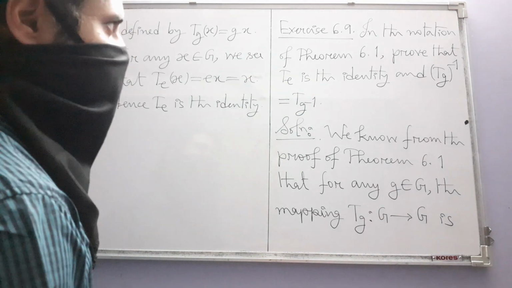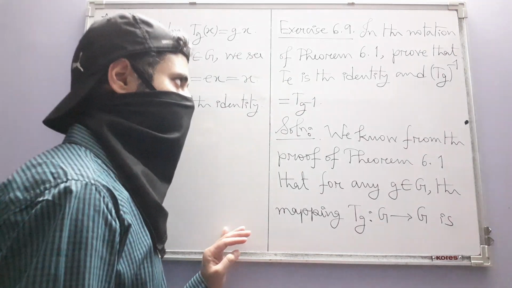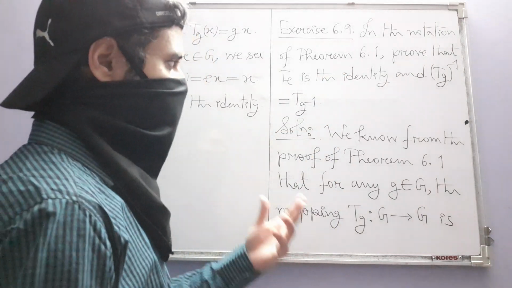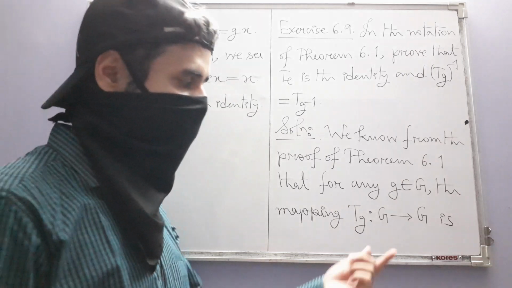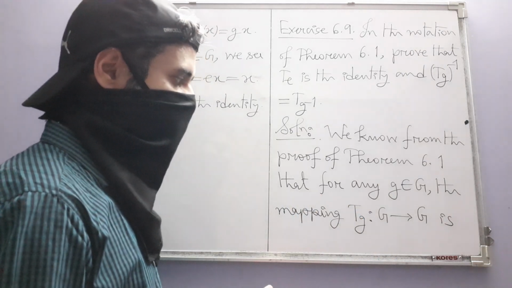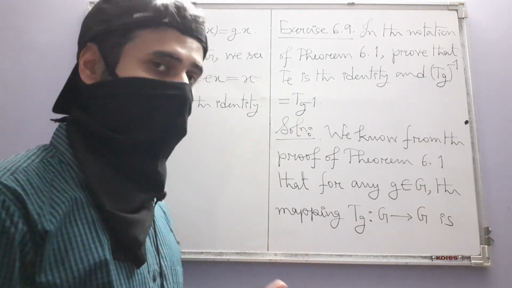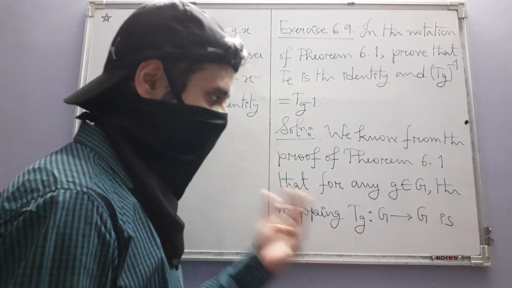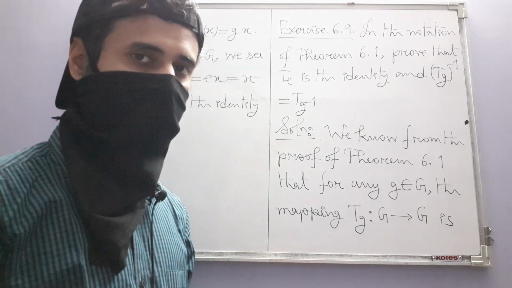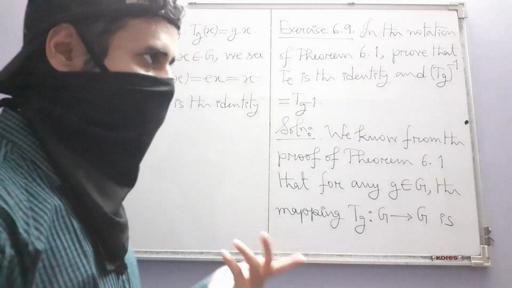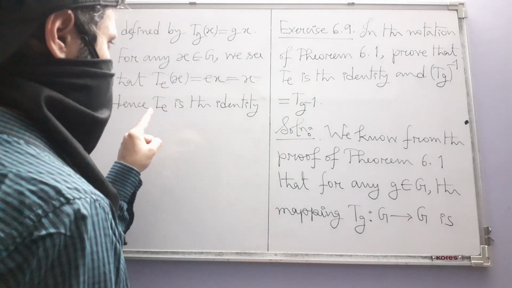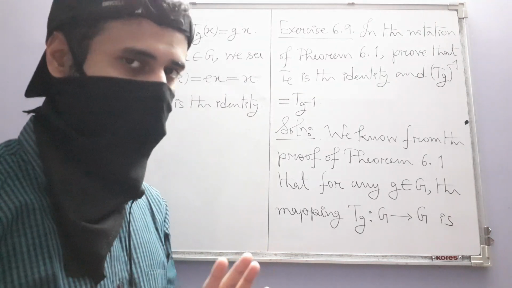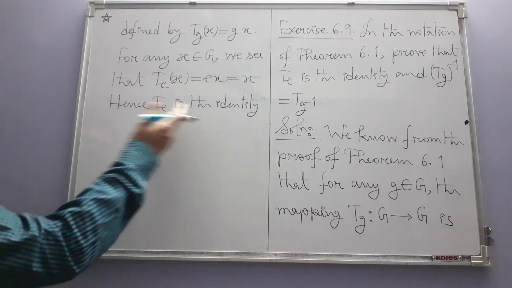And if you are thinking that by identity the author means not just the identity map on G, but rather the identity element in the group of all bijections from G to itself, then that also is true, because we know that that identity is also actually the identity map, nothing else. Okay, so this much is enough.